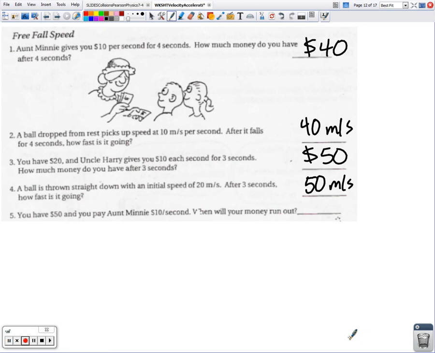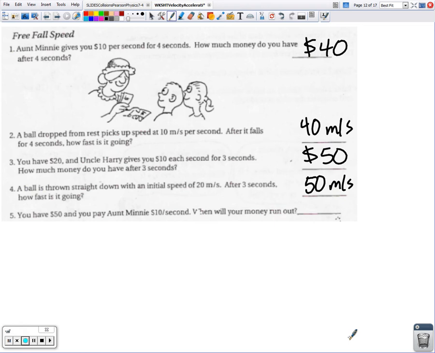Good? Gravity on Earth, I should say. That is true regardless of whether we just drop an object or whether we start it by throwing it downward or if we throw it up in the air. Okay? The velocity is going to change by 10 meters per second for every second. Okay?